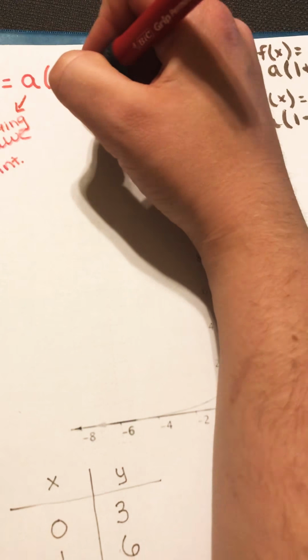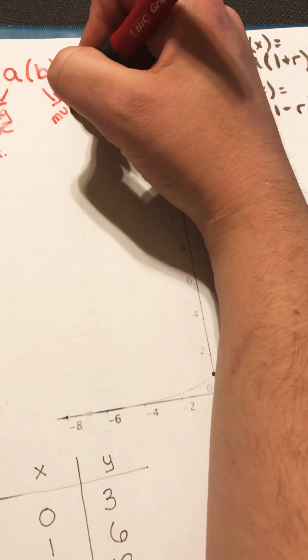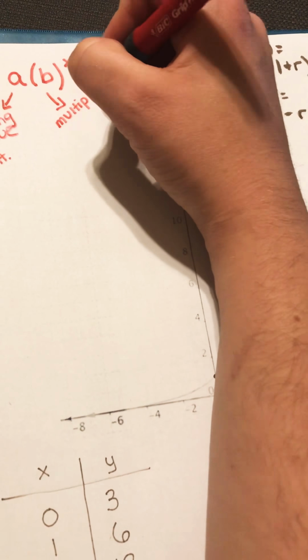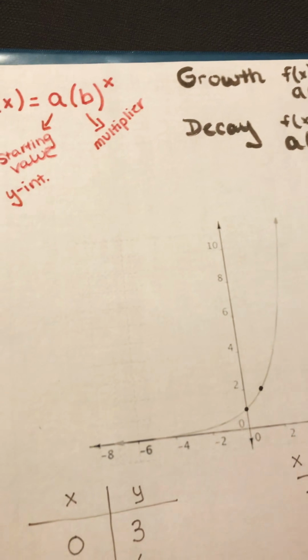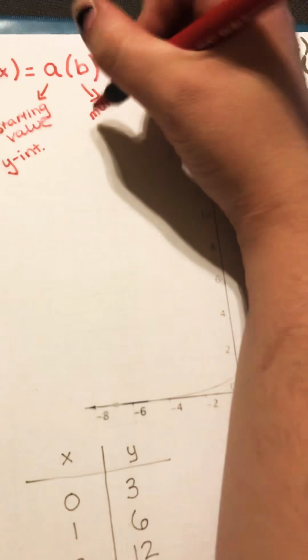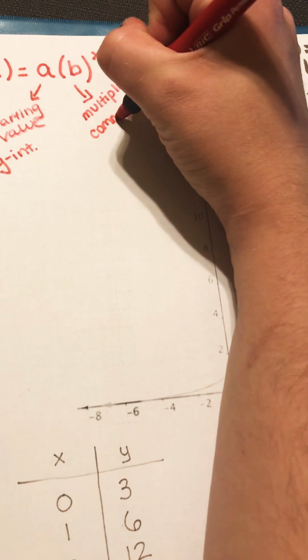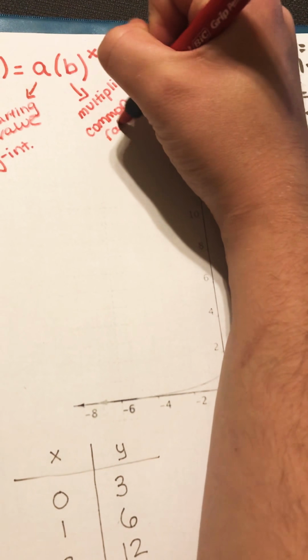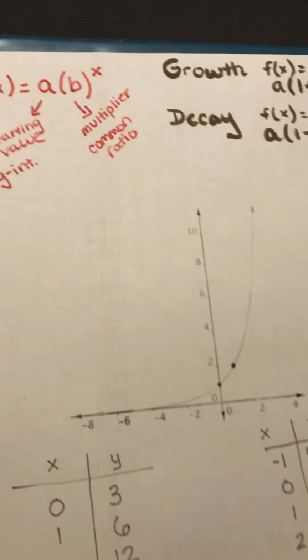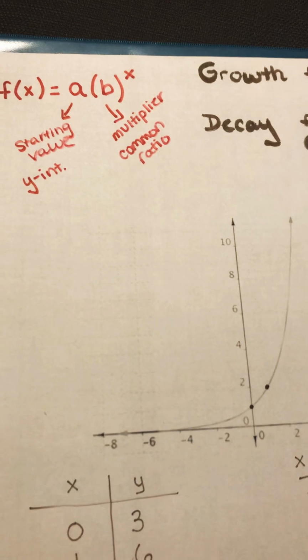And b represents your multiplier, what you're multiplying each term by. Another way to refer to b is also as your common ratio. And x, or t, represents the number of times that multiplying is occurring.